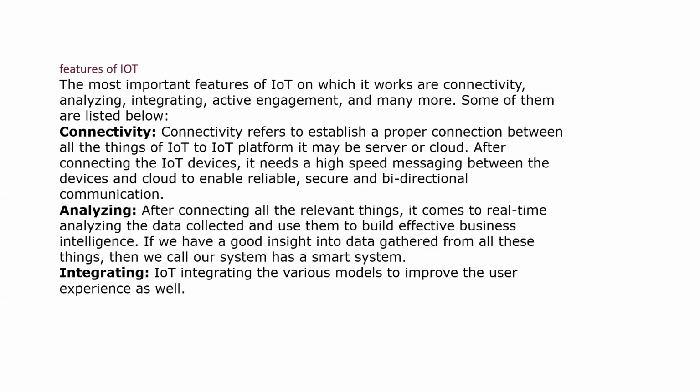So it must be self-configurable. You just have to add the things and go on using it. You need not do anything technically for it. Such self-configuring things are produced in Internet of Things. These are some of the important features of Internet of Things that you need to know.